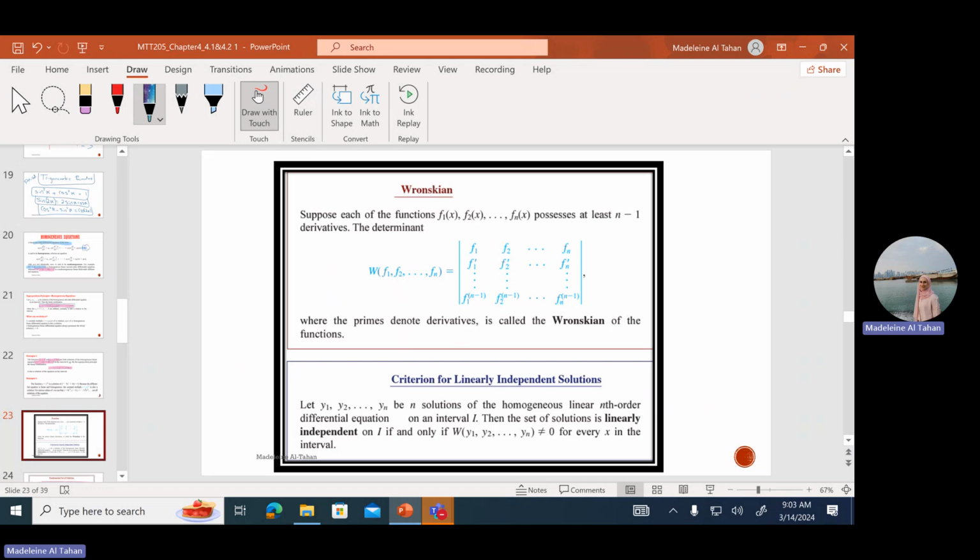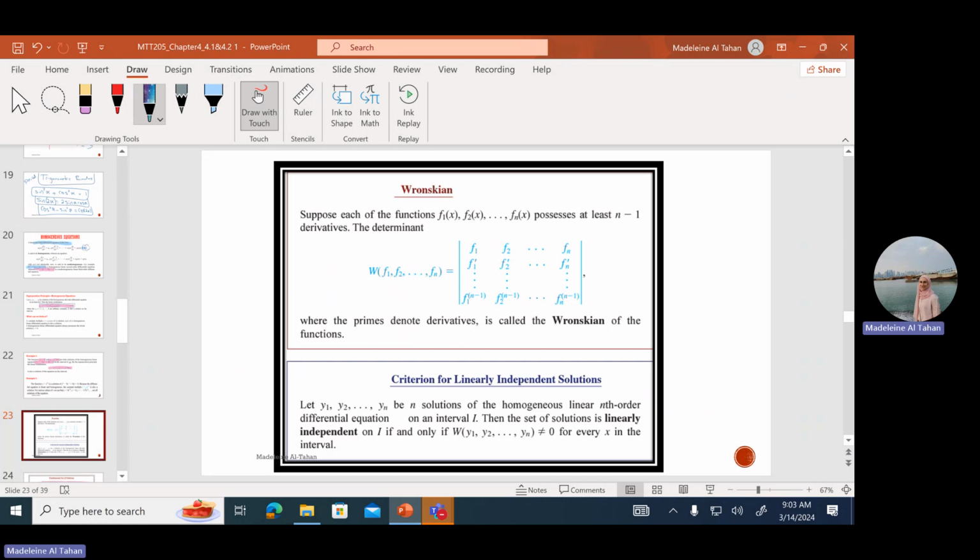How do we find the Wronskian? Let's say I have second order, so I have 2 functions. I will put the 2 functions as the first row. The derivative, I stop here because I should get a 2 by 2 matrix. If I have 3 functions, or third order, I should do the first derivative, then the second derivative, because I need to reach a 3 by 3 matrix.